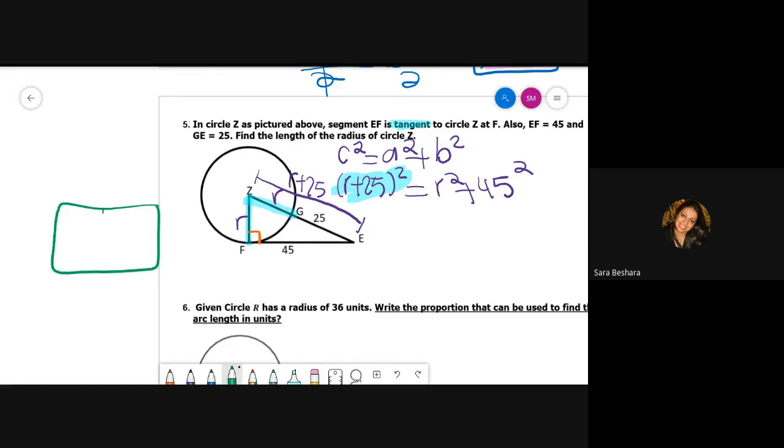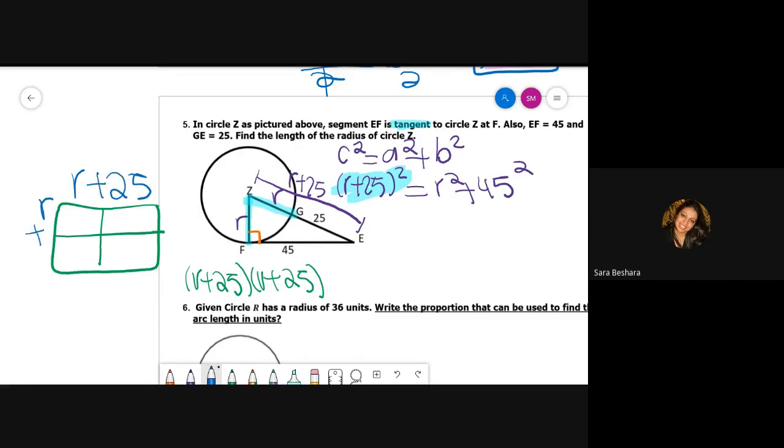All right, so first you create a rectangle. Now r plus 25 squared is the same as r plus 25 times r plus 25. So here we write r plus 25, and here we put r plus 25. Now I'm going to use a highlighter instead of the arrows because it's very unclear.